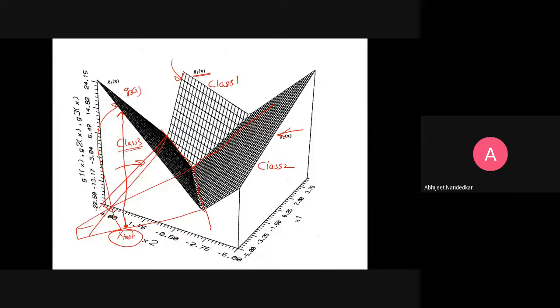This point, x test, will hit G3 here, so this will be the maximum value. We choose the max value and output the index of that function. So what is the output here? The output will be class 3.